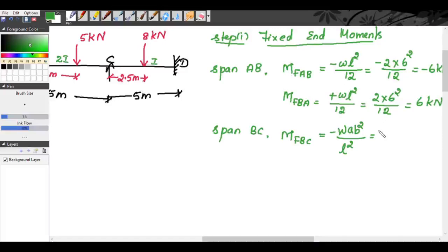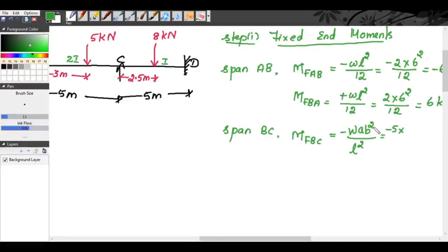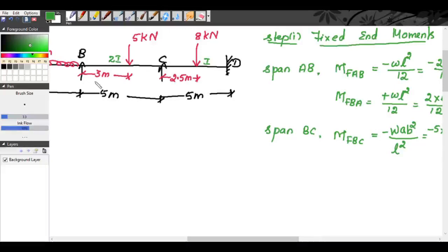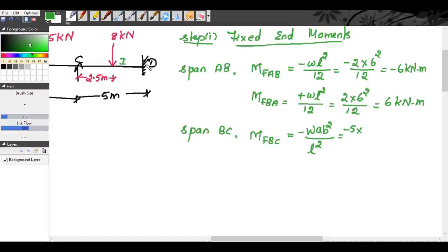So we get minus 5 into, here the distance A is 3 meter, B is 2 meter, so minus 5 into 3 into 2 square divided by L, which is 5 square.